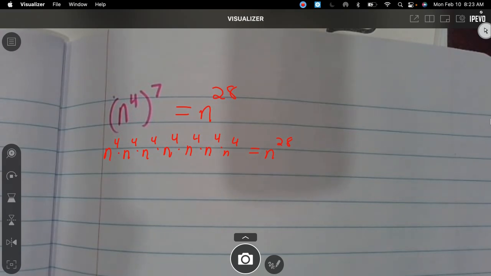Yes. So let's look at some of these. That's, I think, just about our whole rule for today. A power to a power you multiply, but then we'll put some stuff together.